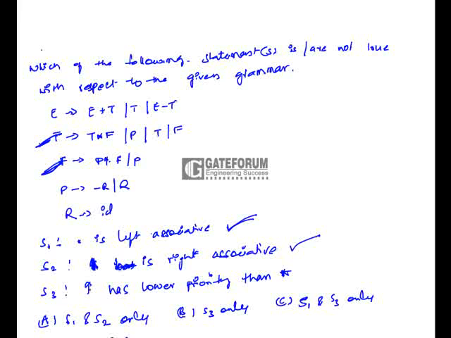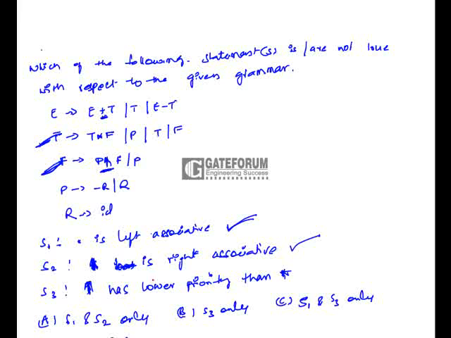Here the third statement is that this arrow operator has lower priority than star. If we see the grammar, we can say that plus has lower priority than this arrow operator, because this arrow operator is executed earlier than this plus operator.